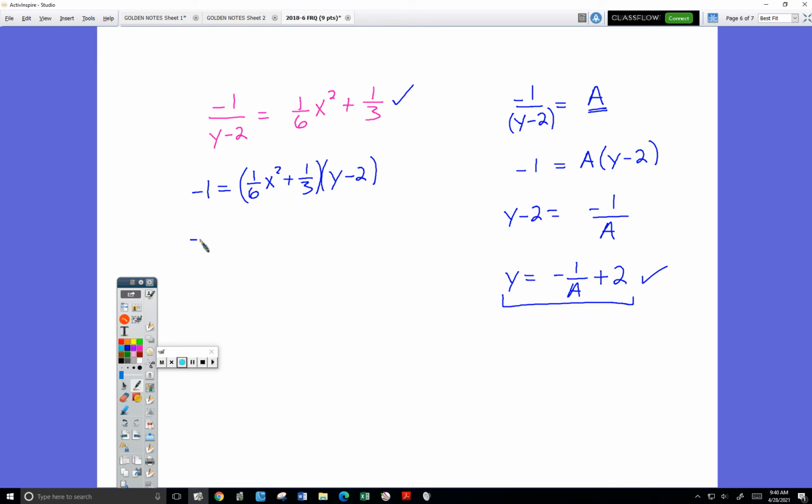That means negative 1 divided by 1/6 x squared plus 1/3. You don't have to do any simplification. Must equal y subtract 2. Now I'm done. y must equal 2 plus negative 1 all over 1/6 x squared plus 1/3. If you do that, you'll get that last of the 5 points.